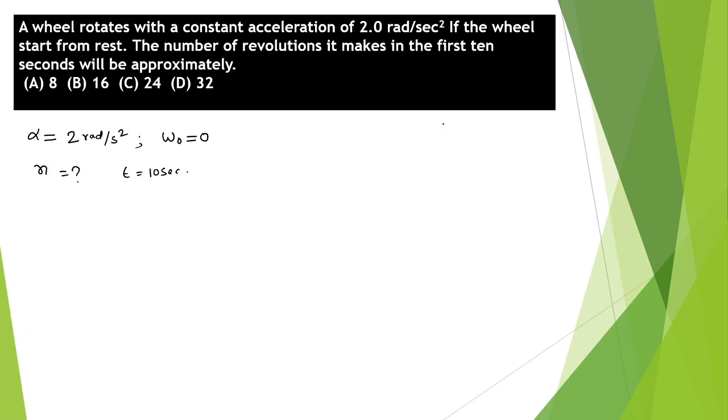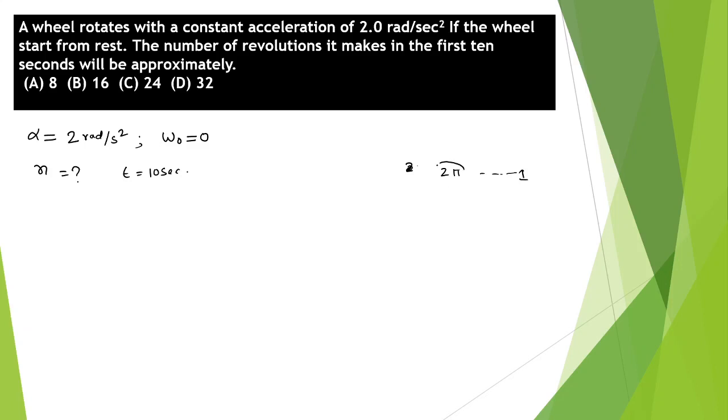Guys, we know if a particle rotates one rotation, the angular displacement is 2 pi, right? When the angular displacement is 2 pi, the number of rotations is 1. Got it?